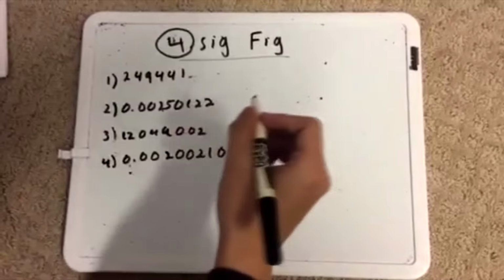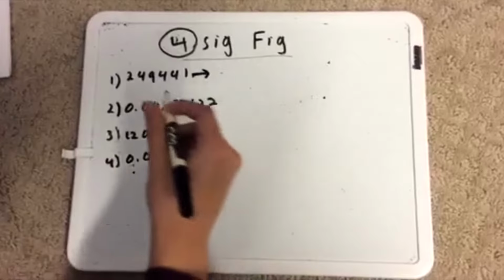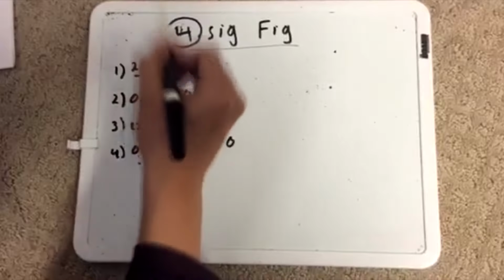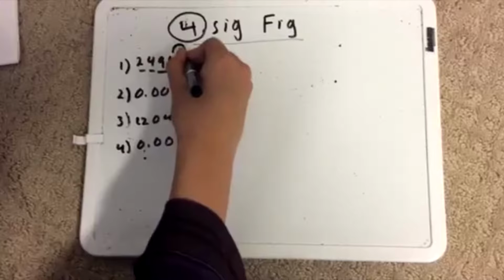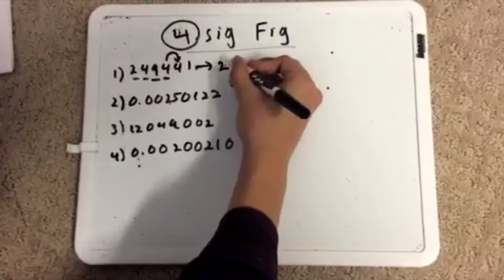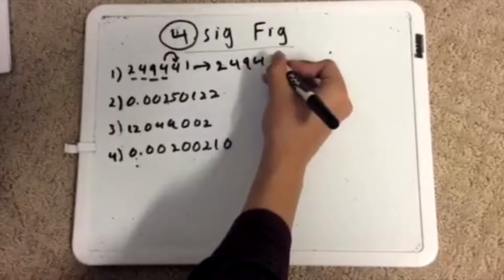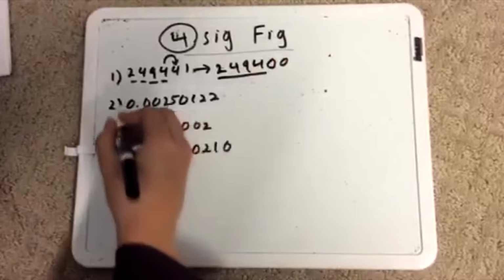So, let's see what you got. For number 1, you would count 1, 2, 3, 4 significant figures and round it. So this would end up as 2, 4, 9, 4, 0, 0 with 4 significant figures.